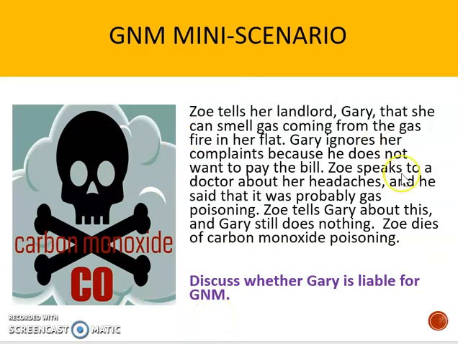But if we have a little scan of this situation, we can see that what's happened is Gary's been told that this gas fire looks like it's leaking gas. He's done nothing, even though a doctor has said that it's probably leaking gas. And Zoe's died. So if you got just a vague advice question, you've got death, so it could actually be murder.